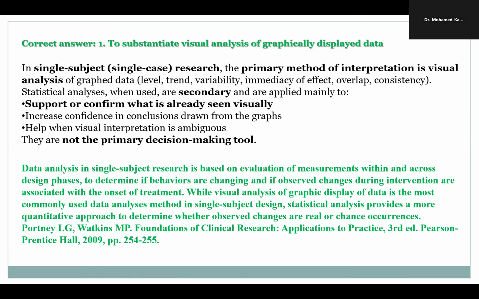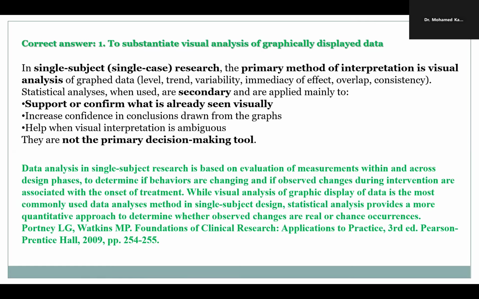While visual analysis of graphic display of data is the most commonly used data analysis method in single subject design, statistical analysis is just a quantitative, secondary approach to determine whether these observed changes, which we have seen visually or represented graphically, are real or due to chance.